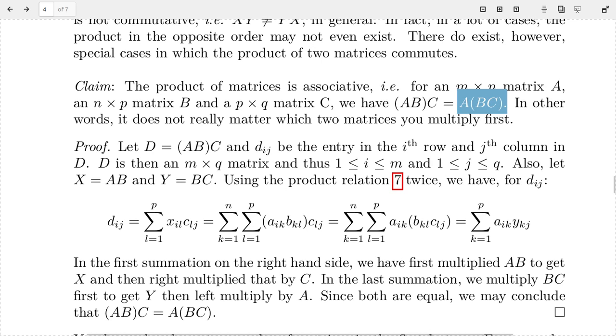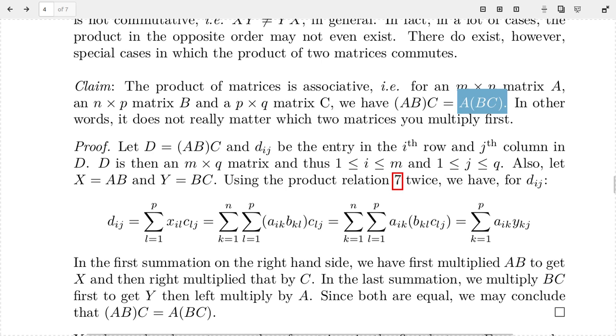And of course, because real number multiplication is associative, we can associate B and C. But this last product summed up over l is basically Y, Ykj. So this is equal to Aik times Ykj.